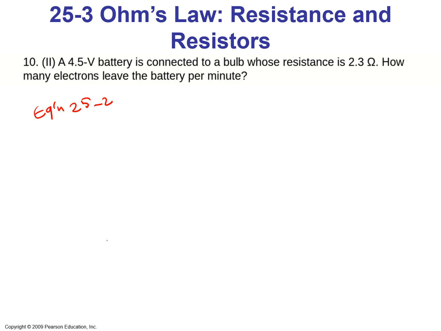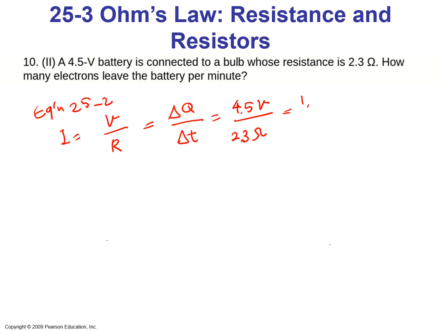So let's say the current is voltage divided by the resistance, and it's equal to delta Q over delta T, which is time. And we have 4.5 volts over 2.3 ohms, and this is equal to 1.956 coulomb per second.